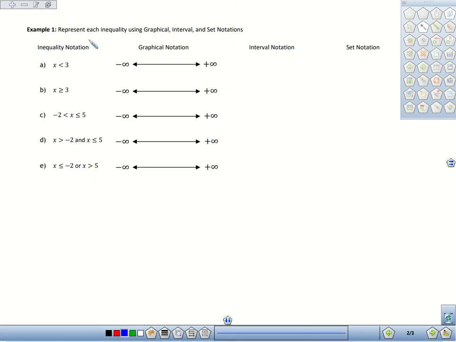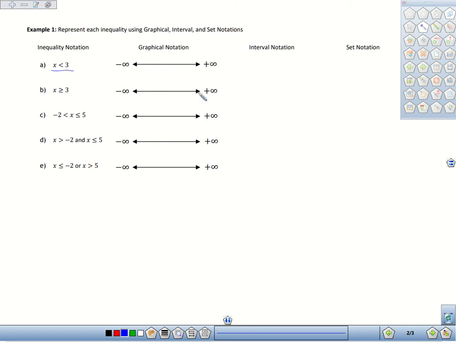So now we're going to talk about the different types of notations, okay? So what does this mean? How would you say this in math? Like if I said, what is this saying right here? X is, yeah, go ahead. Less than 3. Thank you. X is less than 3, right? So now we're going to graph it on the number line.